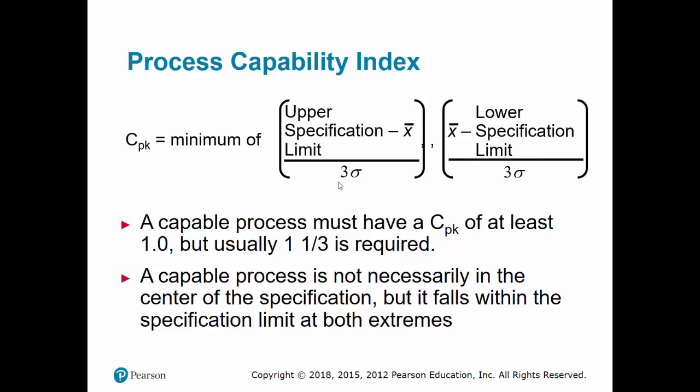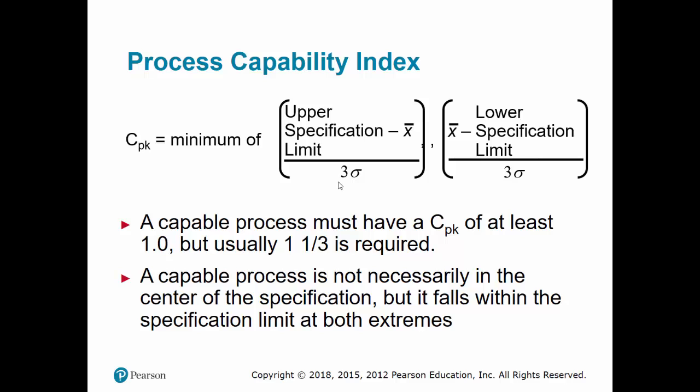So usually a good production process will have a C sub pk index of 1 and 1/3, not 1. 1 means you're barely meeting it. 1 and 1/3 is the minimum level that is required, which means even 4 standard deviations will fit into the process specification.